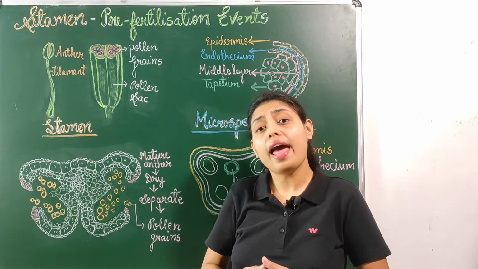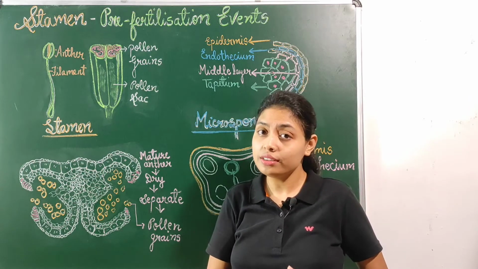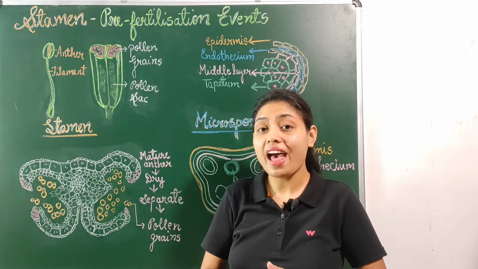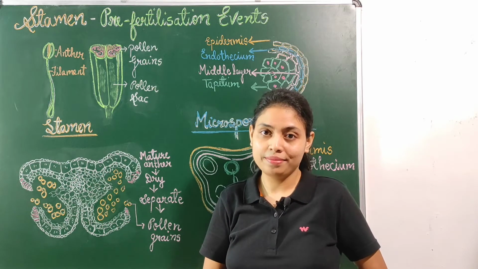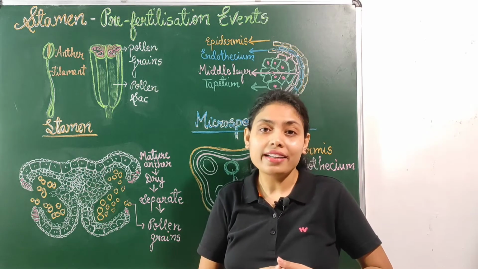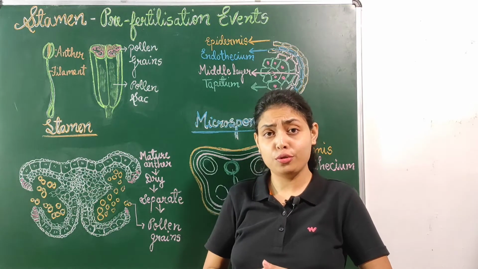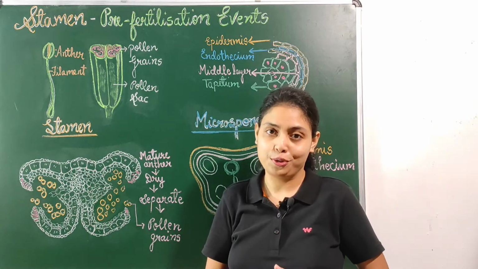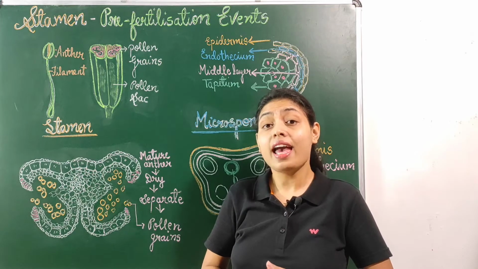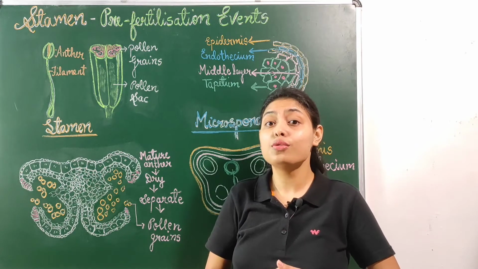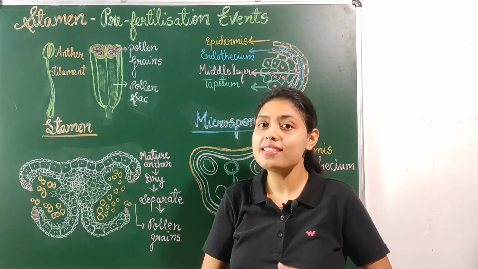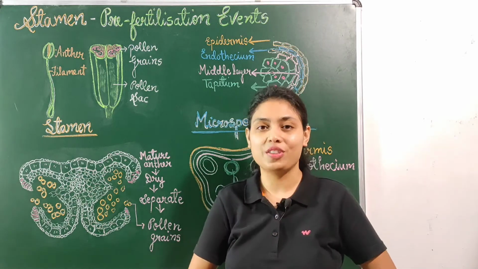Now, why do we call anther a bilobed structure? Because anther has two lobes. The two lobes are attached with a special type of tissue called connective tissue. So, we can say that an anther has two lobes and is known as a bilobed structure.